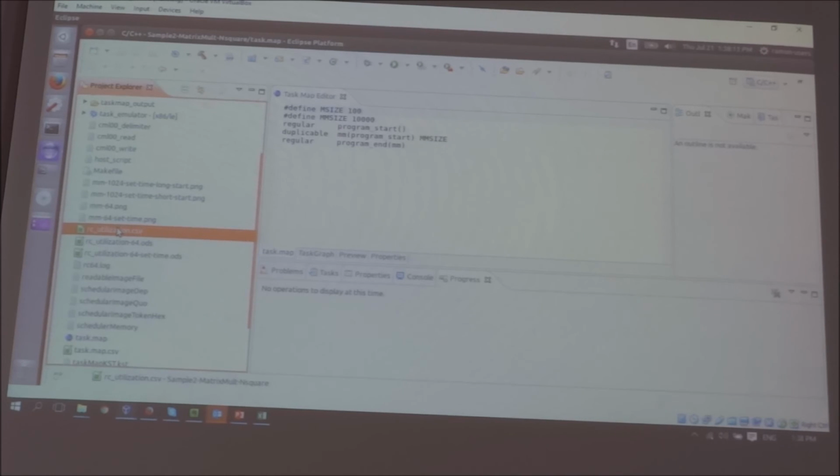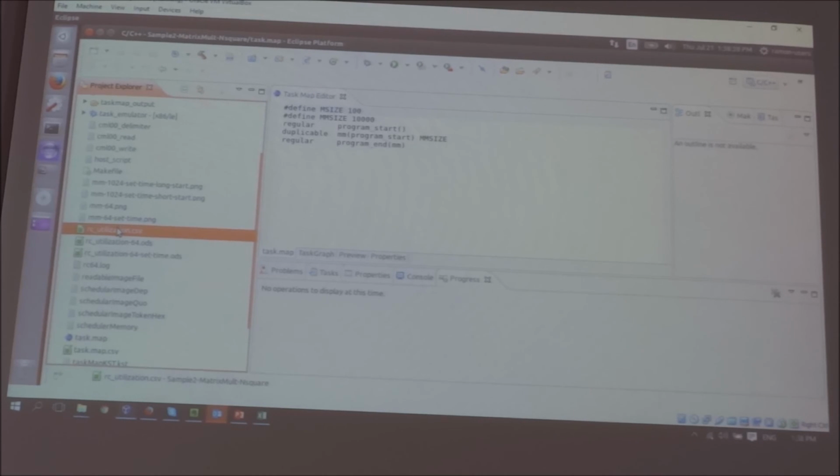I use normal malloc to get dynamic allocation of space for the matrices, and I also have to determine how many times I need to run this duplicable task, and I do it also dynamically in the code at program start, depending on the size of the matrix that I have read from the input.